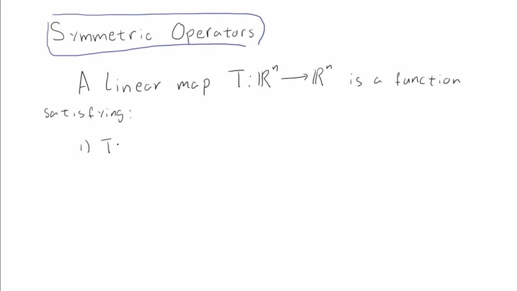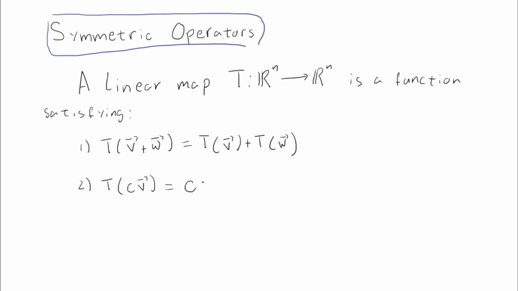So if you take T of a sum of two vectors, that's equal to T of the first vector plus T of the second. And if you take T of a number times a vector, the number just slides out of the map, right? So it preserves scalar multiplication.